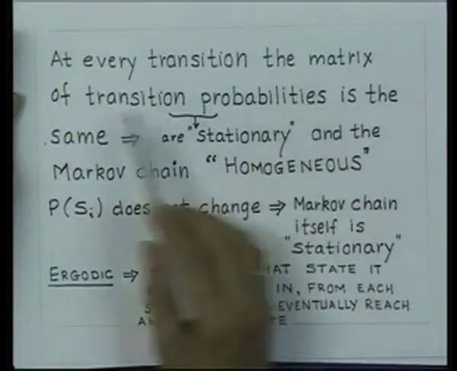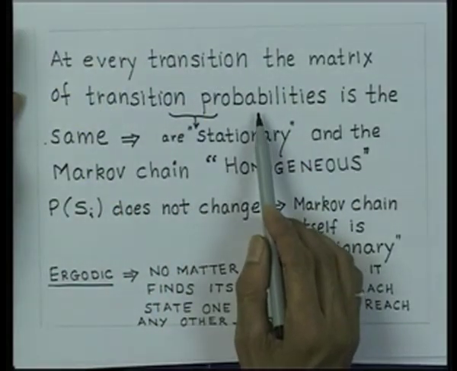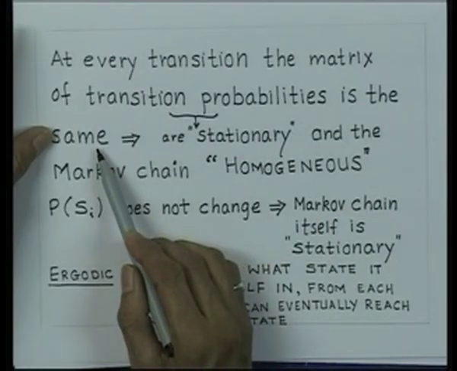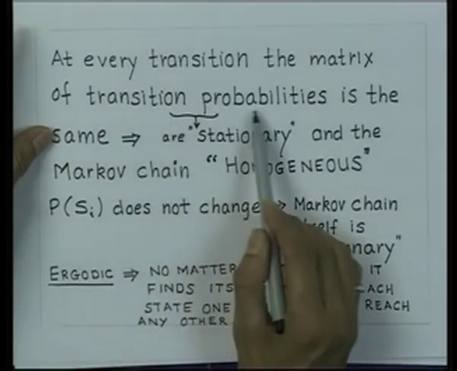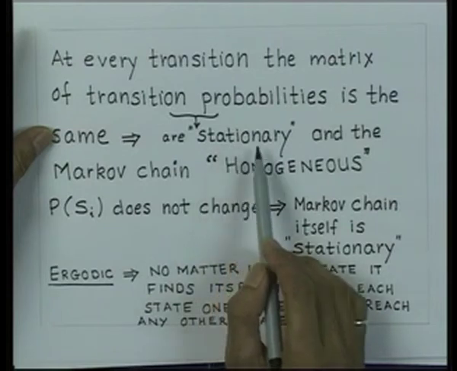To be very specific, there are different definitions. So, just let me look into those definitions. At every transition, if the matrix of transition probabilities is the same, then these transition probabilities are known as stationary.